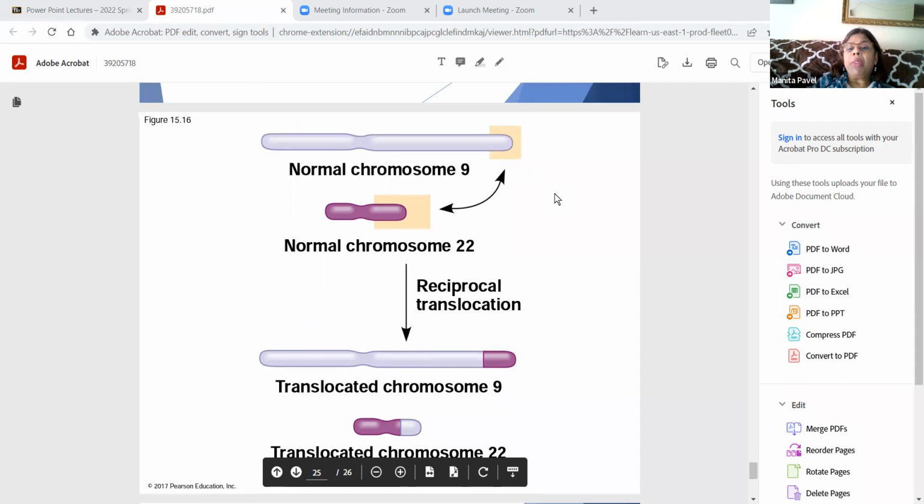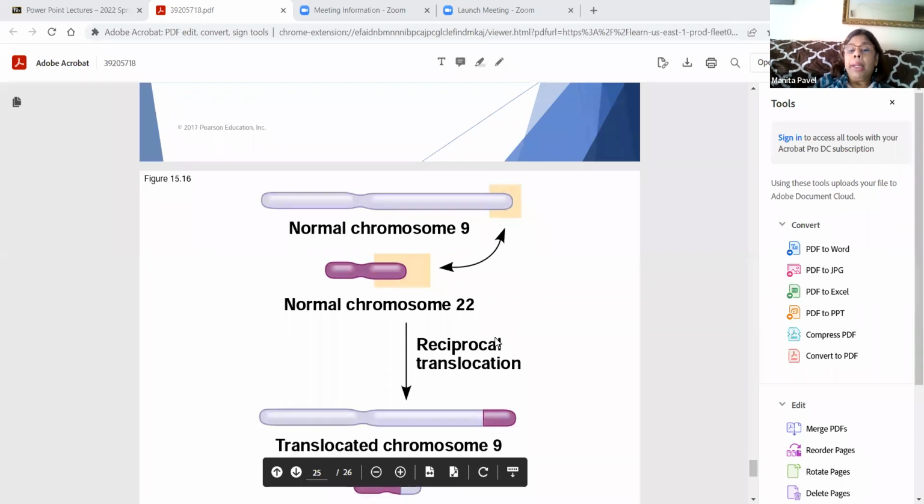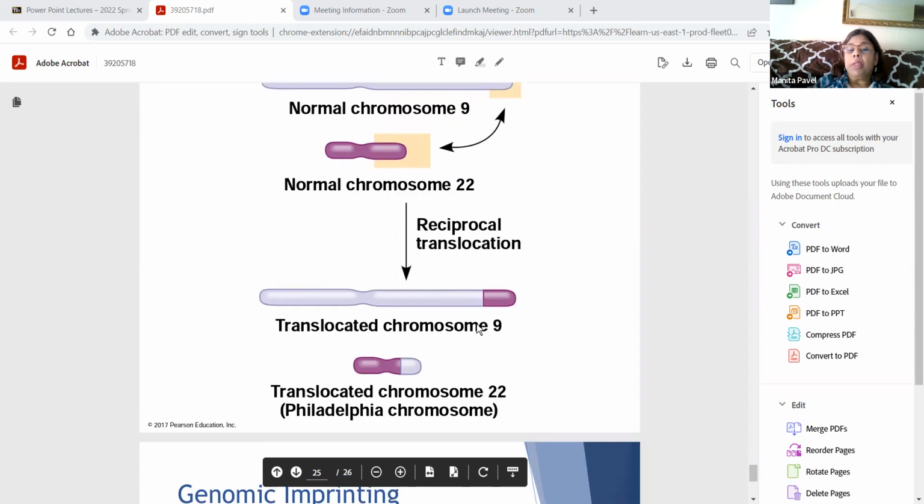What do we mean by reciprocal translocation? Part of chromosome 22 switches position and goes to chromosome number 9, and part of 9 comes onto 22. So they are reciprocating with each other in terms of genetic information. Translocated chromosome 22 is now referred to as the Philadelphia chromosome.